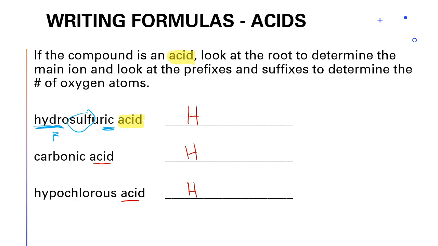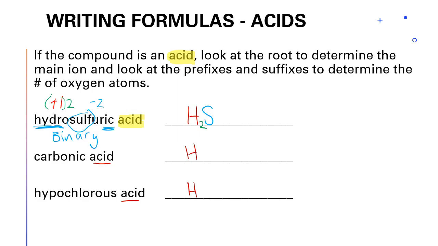Hydro-ic means binary, which means there's only 2 elements total, in this case, hydrogen and sulfur. You still have to balance the charges. So the hydrogen has a charge of +1, and sulfur, if we look on the periodic table, has a charge of -2, which means we're going to need 2 of these +1s to balance the charge, so that'll be H2S.